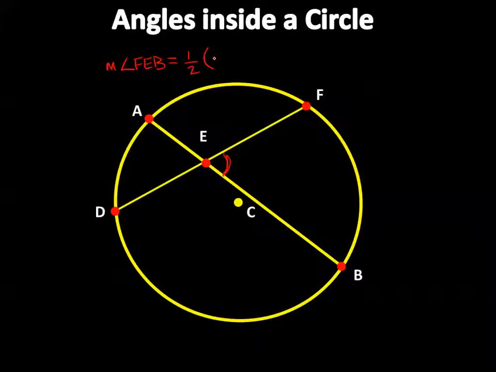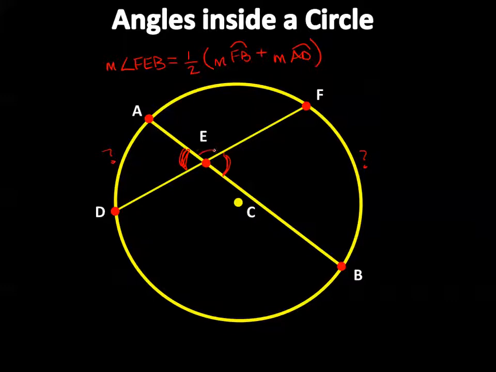So look at this. It's going to be half the sum of arc FB plus, because remember sum means you're adding together, arc AD. So I'm going to take the measure of these two arcs right here, add them together and divide by 2. That'll tell me what the measure of those arcs are.